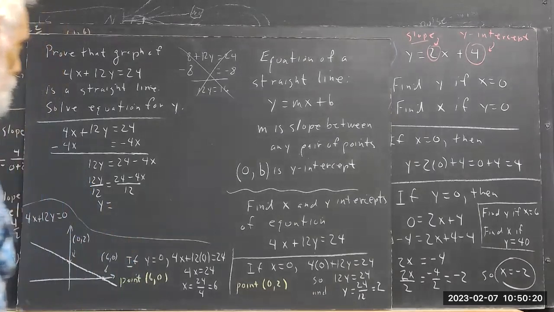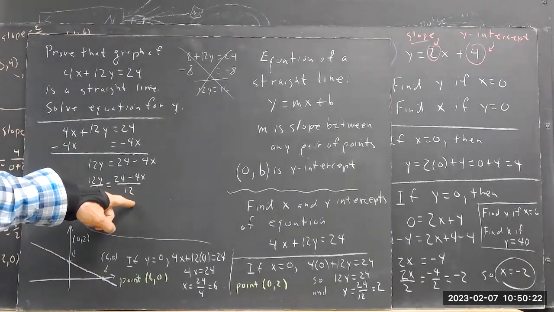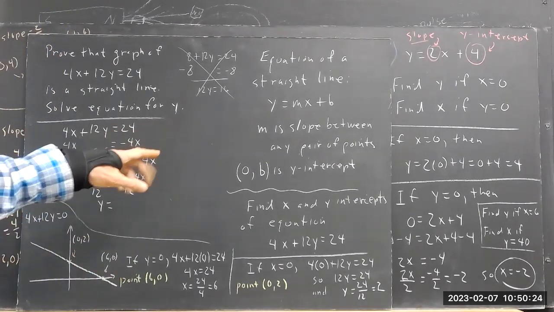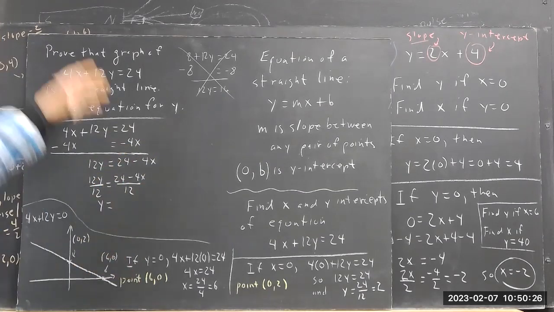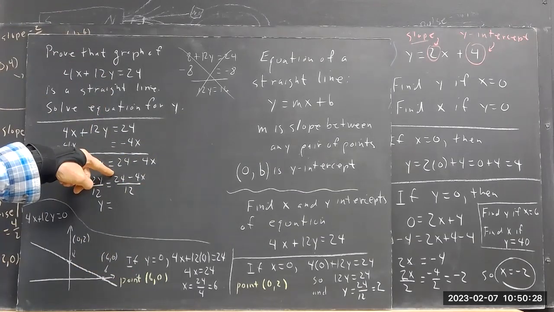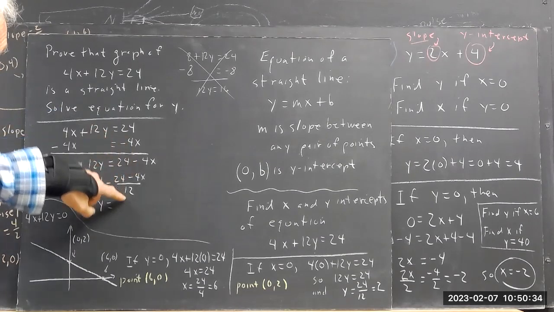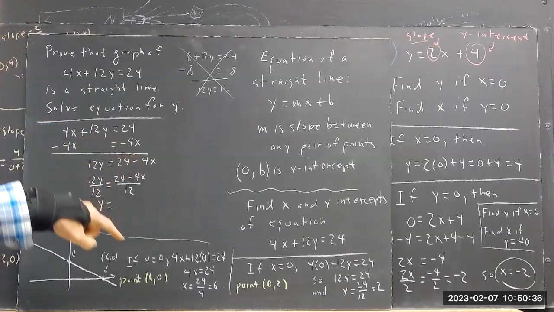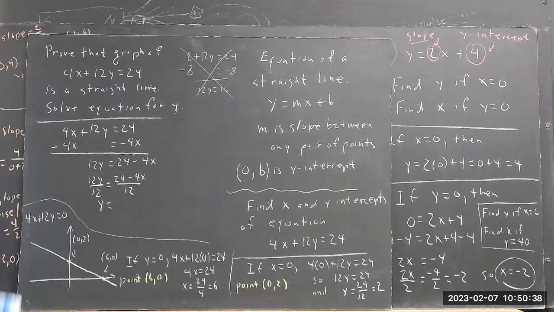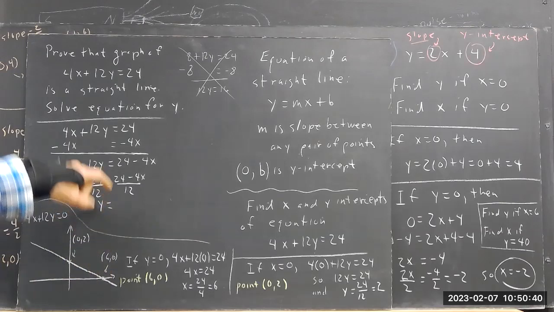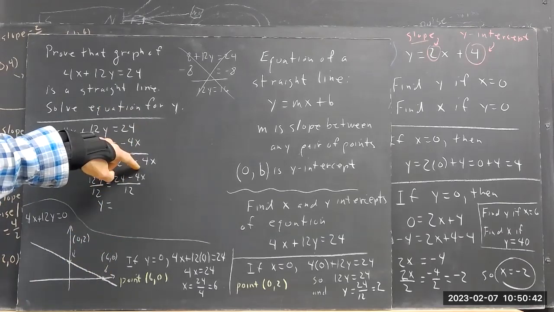Now be careful here. People often want to divide the 12 into the 24. You can cross out the 12 and the 24, cancel, and end up with a 2 here. Okay? You can't do that unless you do that to this one too. Because 12 is divided into both of these. It's a distributive law. It's like you multiply by 1/12. You've got to take 1/12 for this and 1/12 for this.